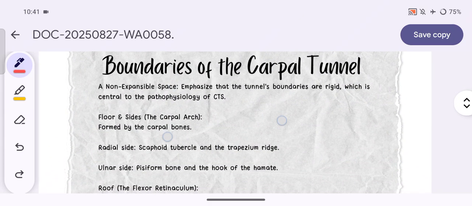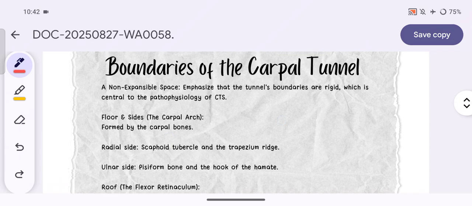Now, boundaries of the carpal tunnel. It is a non-expansible space. This emphasizes that the tunnel's boundaries are rigid, which is central to the pathophysiology of carpal tunnel syndrome.